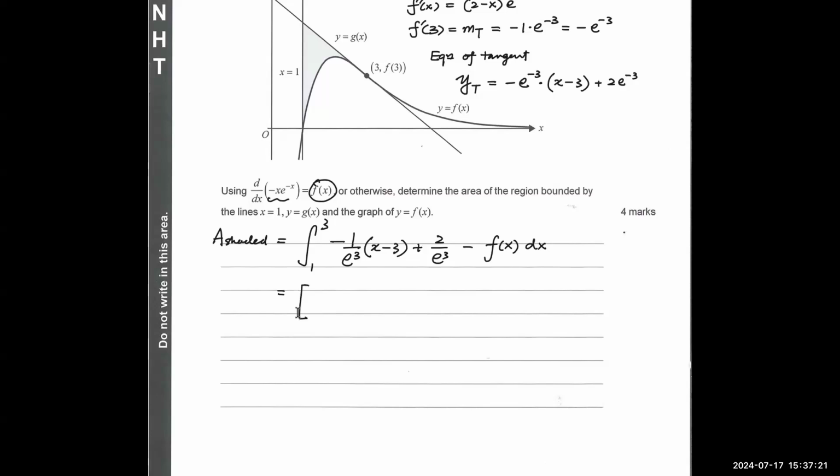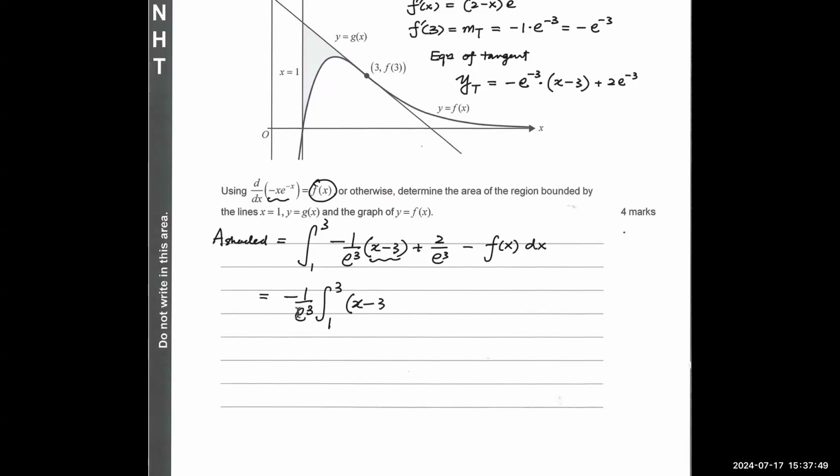I'm going to do a split calculation. I treat x minus 3 as a whole term. Let me properly explain what I will be doing. So firstly, I will take out a minus 1 over e to the power 3 from 1 to 3.